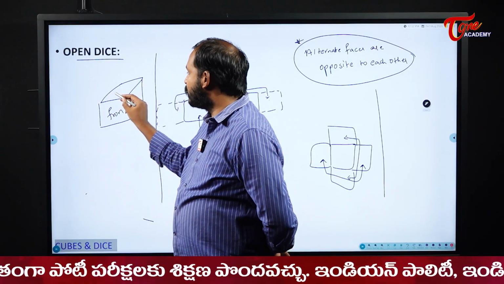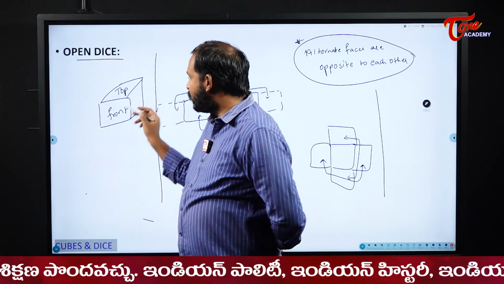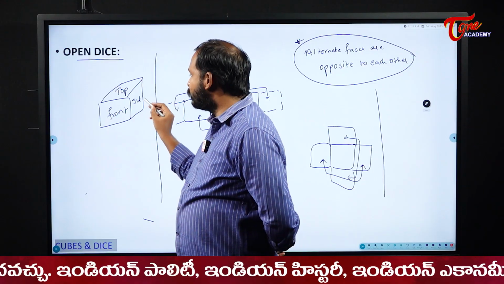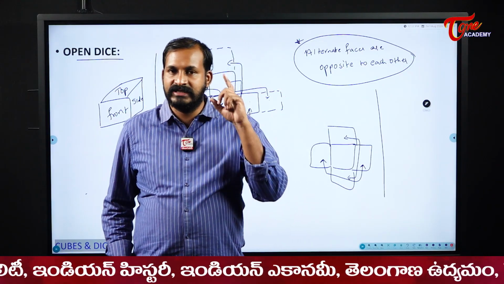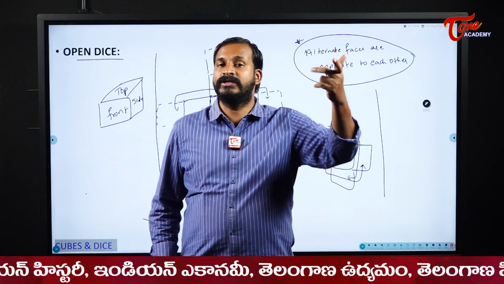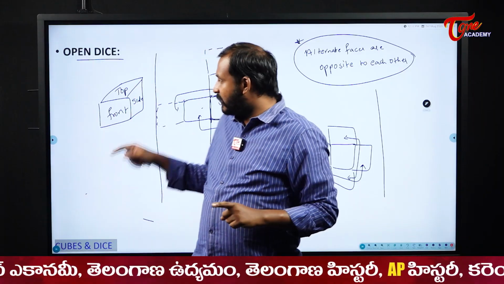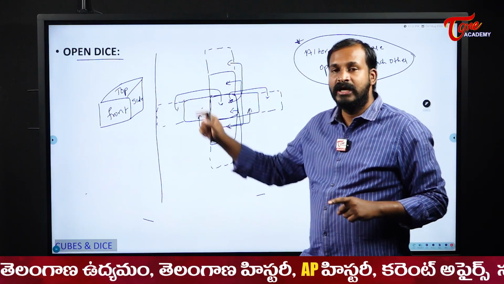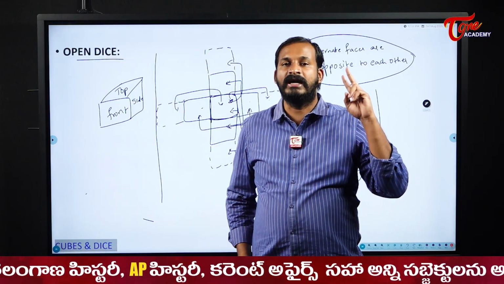Similarly, if you are able to see the top, is it possible to see the bottom? No. If you are able to see one side, is it possible to see the other side? No. So in the opposite pairs, you can see only one at once. Its opposite face you can never see. Remember these two things. One is alternate faces and the other one is opposite faces. Two opposite faces can never be seen at once.